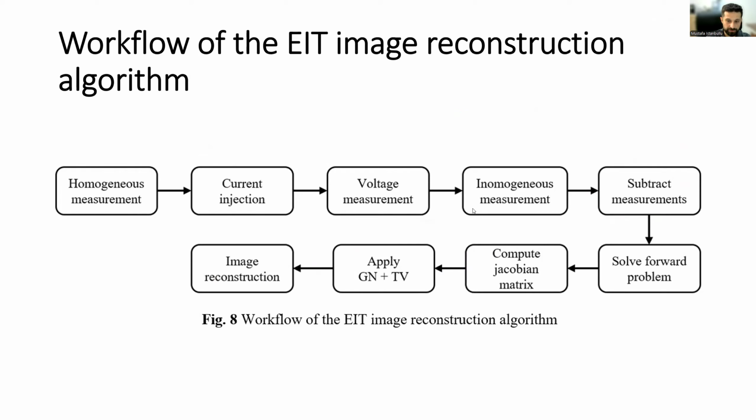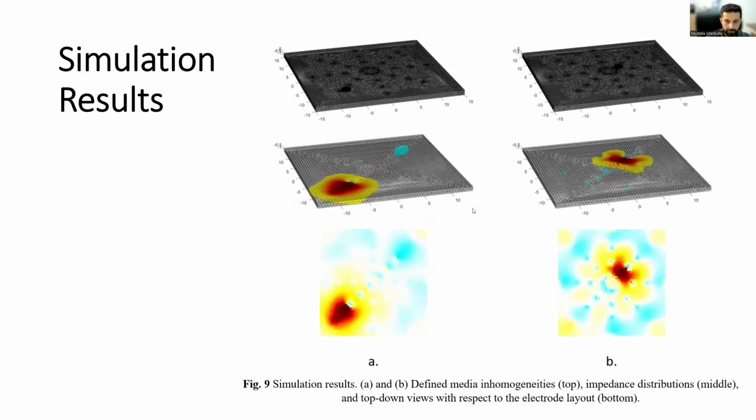A flow chart of the entire algorithmic process is illustrated in figure 8. Now these are simulation results. Figure 9 shows the simulation outcome. The top two figures are the defined medium with inhomogeneities. These black ones are inhomogeneities, you can see from here.